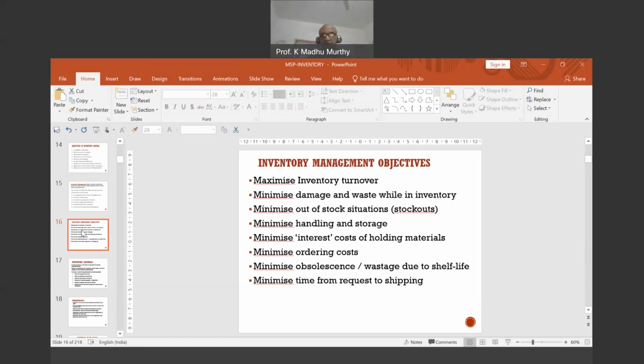We do not want to go out of stock, and we want to minimize the costs associated with storage or handling of these materials, and similar associated costs like interest and ordering costs. Remove all obsolescence of materials and wastage due to shelf life, and minimize the time that we require to service such a need for materials. So the request for shipping.